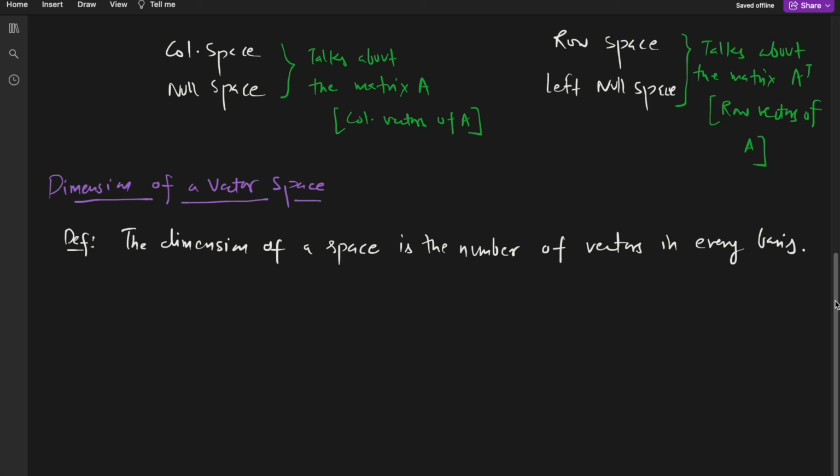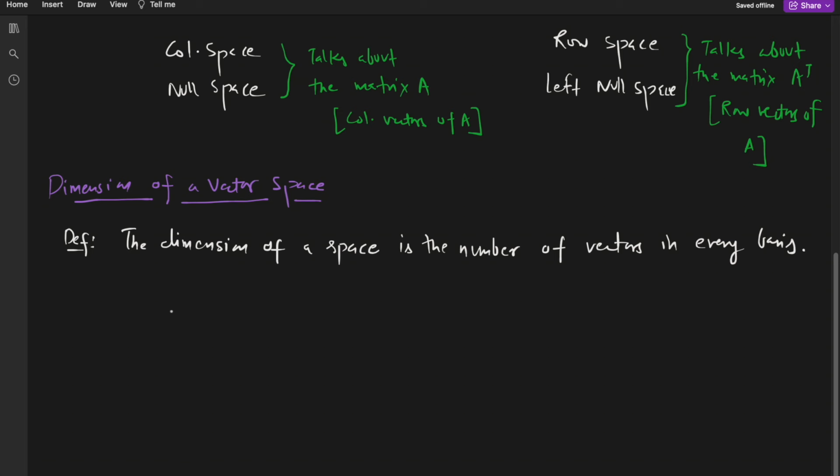So a basis is basically something that spans your vector space. All right. So a basis is the set of vectors, not too many, not too few, that span the entire vector space.